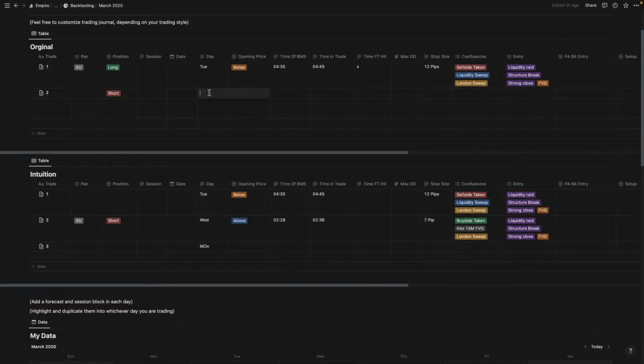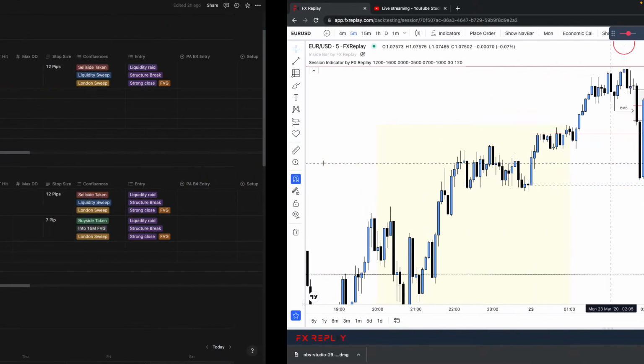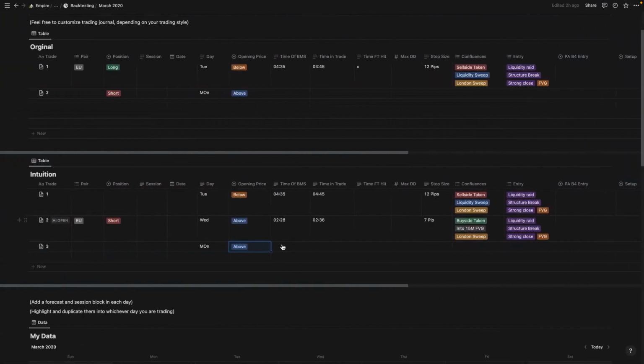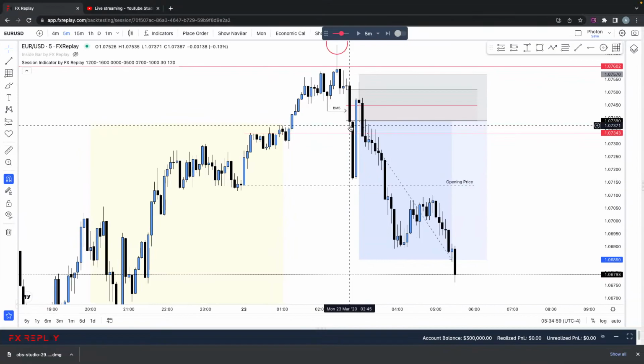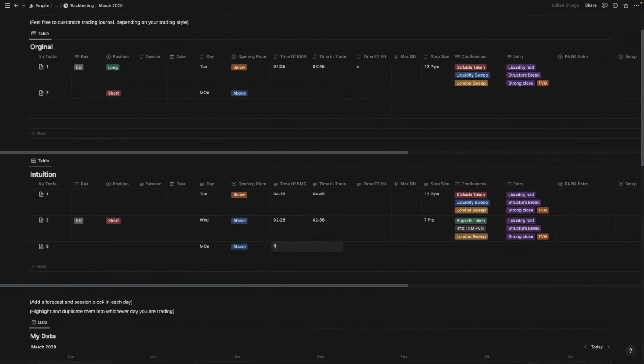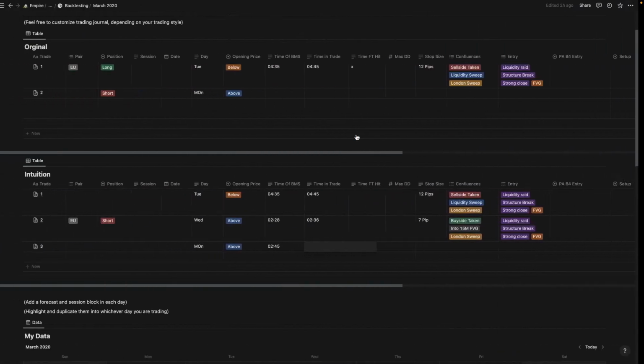Short, short. This was a Monday. We were above the opening price. Just double check it. Yeah, opening price there. Our entry was all the way up there, above there. Had a liquidity sweep at 2 as well. Perfect break of market structure with a body at 245. Tagged in at 255.